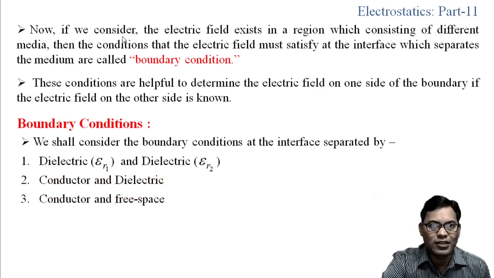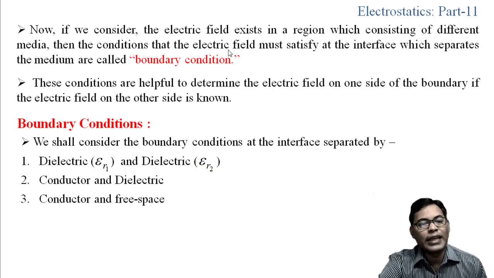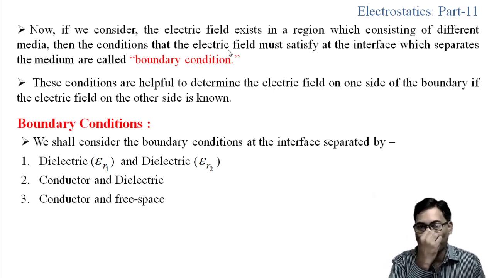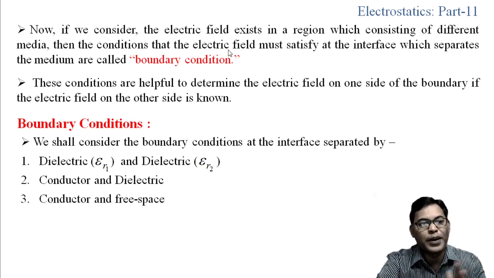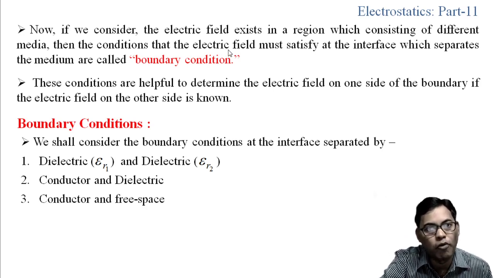If the electric field exists in a region consisting of different media, then the conditions that the electric field must satisfy at the interface which separates the media are called the boundary conditions.